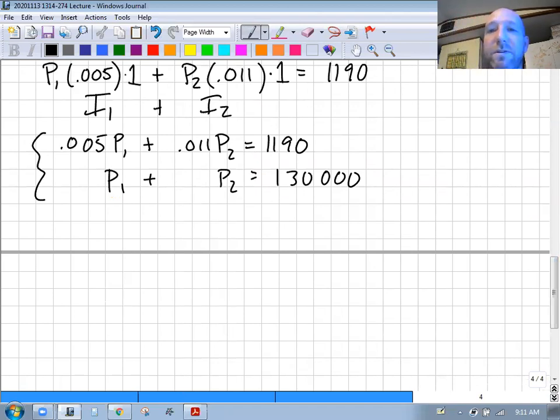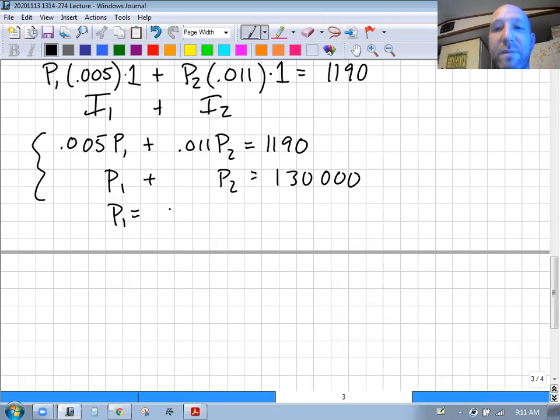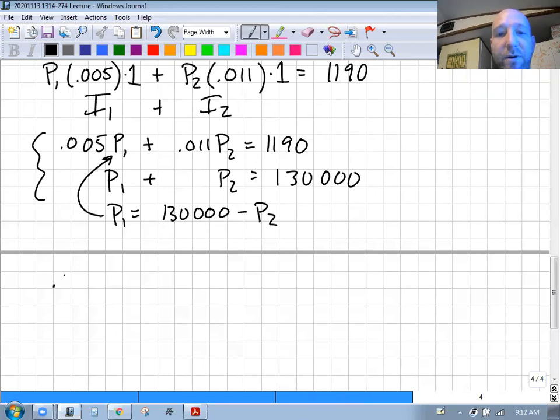So let's see, we can do it by substitution, all right? P1 is going to be 130,000 minus P2. We'll plug that in right there. That'll give us 0.005 times 130,000 minus P2.